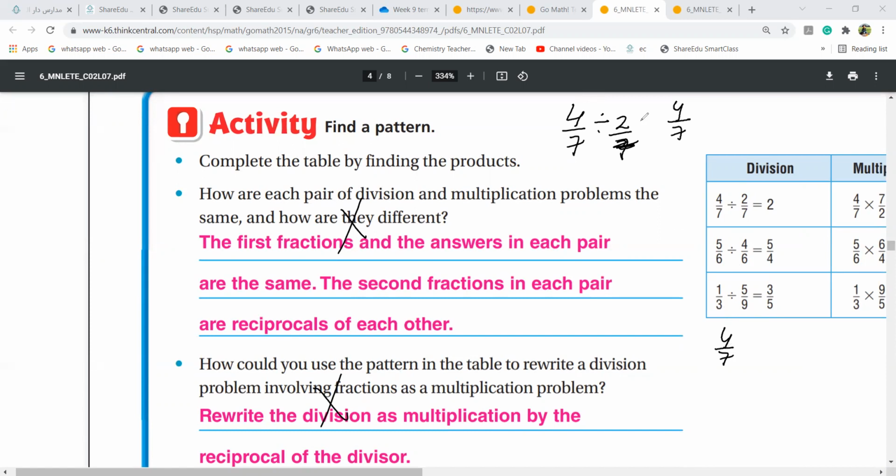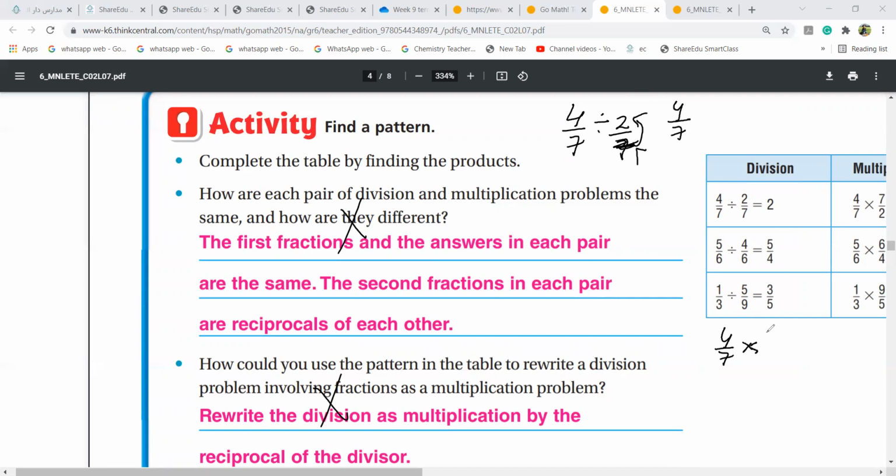Here is 4 over 7. What does division become? Very good. How about 2 over 7? You flip it. When you flip it, what can you see? 7 over 2. Very good.